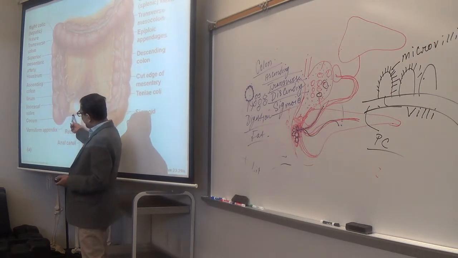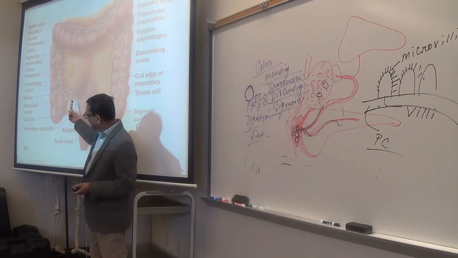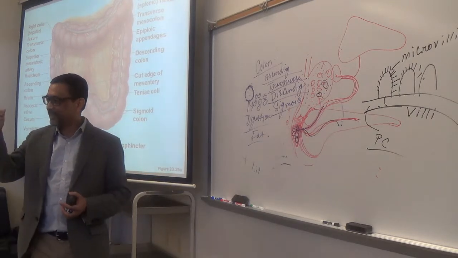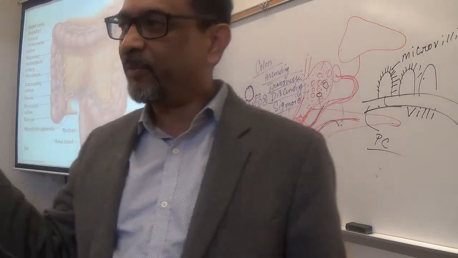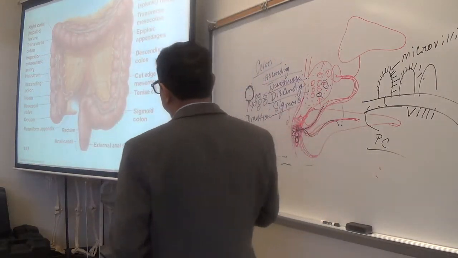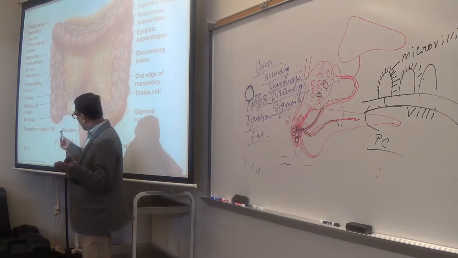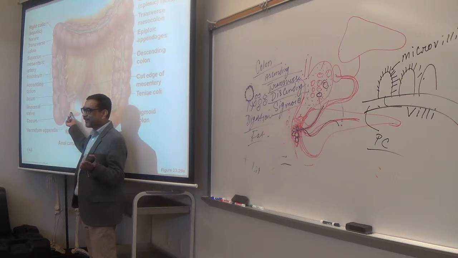This is a tiny structure attached to the cecum. This is called what? Appendix. Vermiform, like a worm-like structure attached to the cecum. That's why it is called vermiform or worm-like appendix. I have talked about this probably before. Appendicitis is a problem, right?